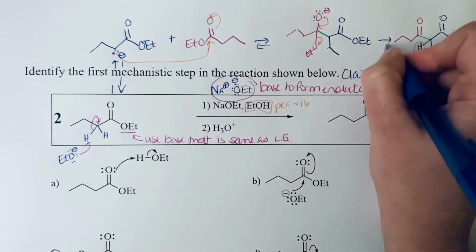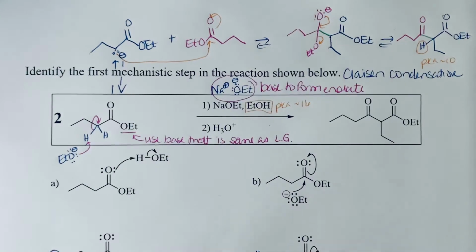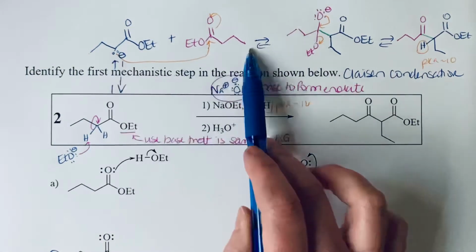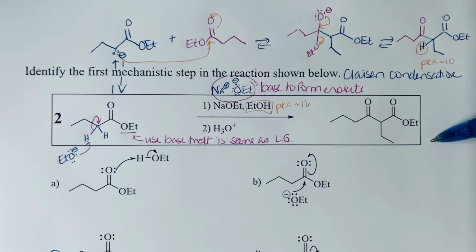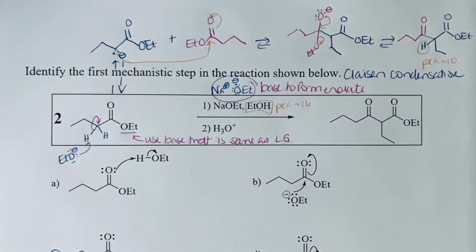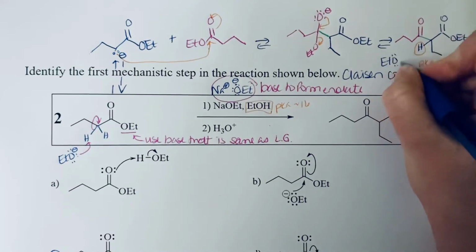And actually, we want this to happen because every step, I just filled in these arrows, every step along the way here is an equilibrium until you get to this deprotonation step. And moreover, every step is an equilibrium that does not favor the product. So we need some step that favors the products that's going to drive this whole equilibrium forward. And that's what this deprotonation does.